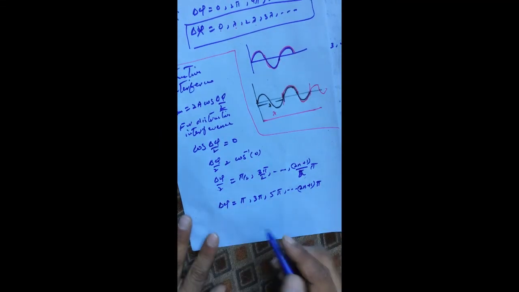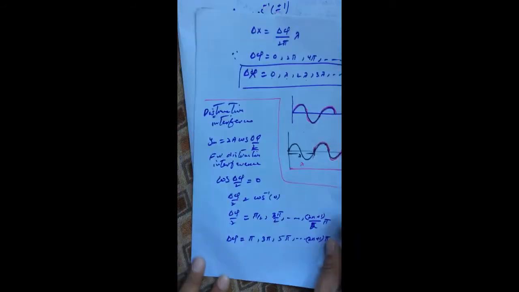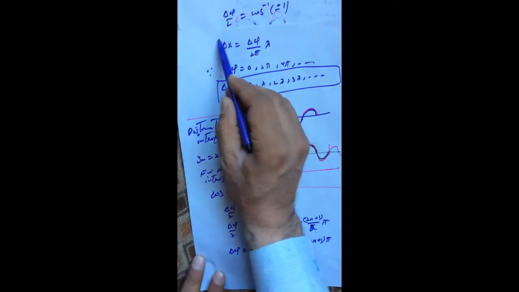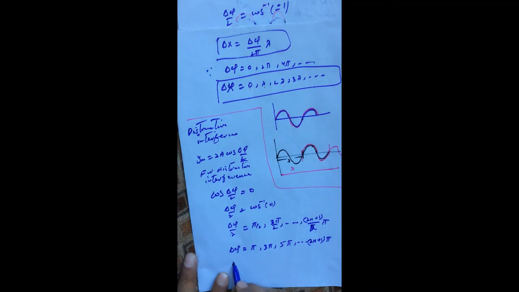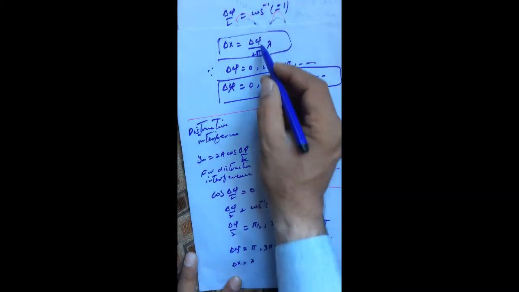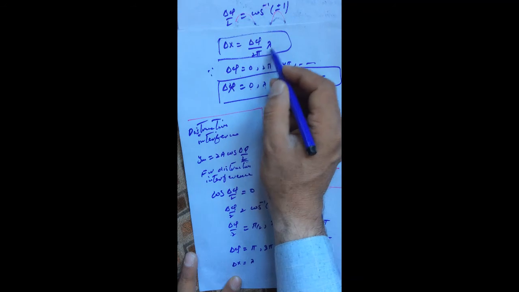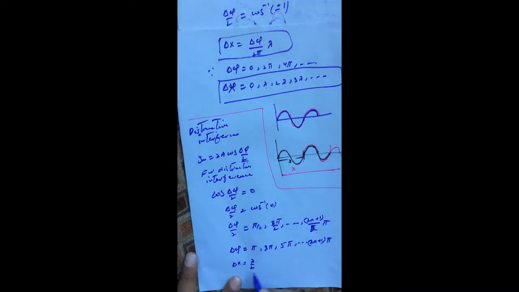Now to calculate the path difference, we use this formula for delta x. Put the value of delta phi for destructive interference here, and we get path difference delta x as lambda divided by 2 if I put pi here, because pi cancels. If I put 3 pi, then we have 3 divided by 2 lambda.